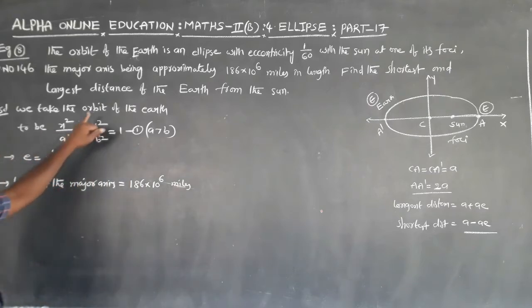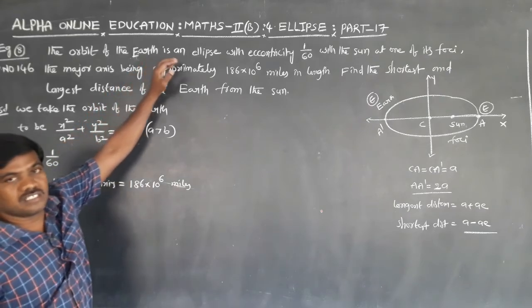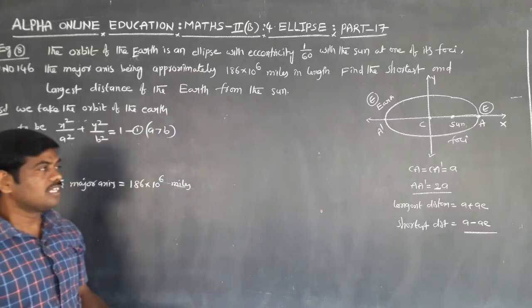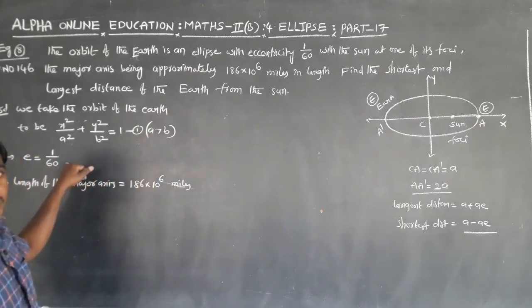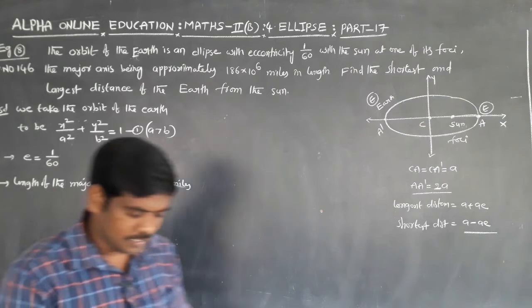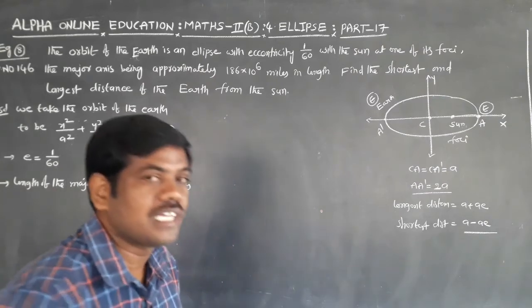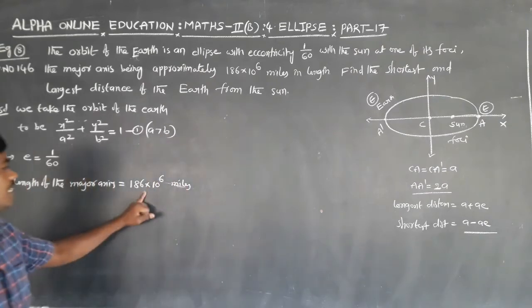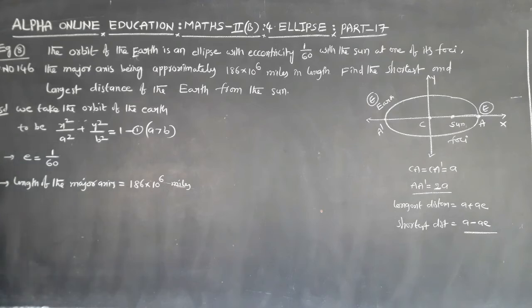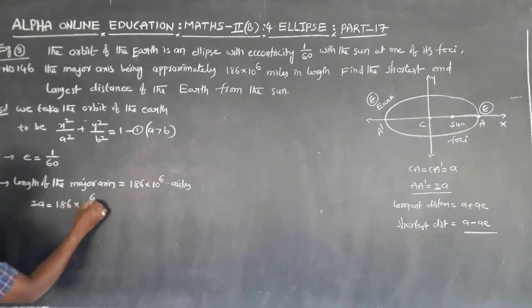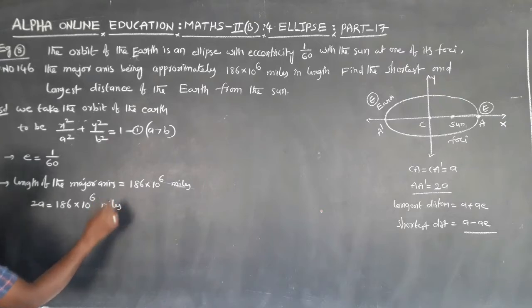Here the earth's orbit is in the shape of an ellipse. Eccentricity of the ellipse is 1 by 60 and the length of the major axis 2a is equal to 186 into 10 to the power of 6 miles. So 2a is equal to 186 into 10 to the power of 6.